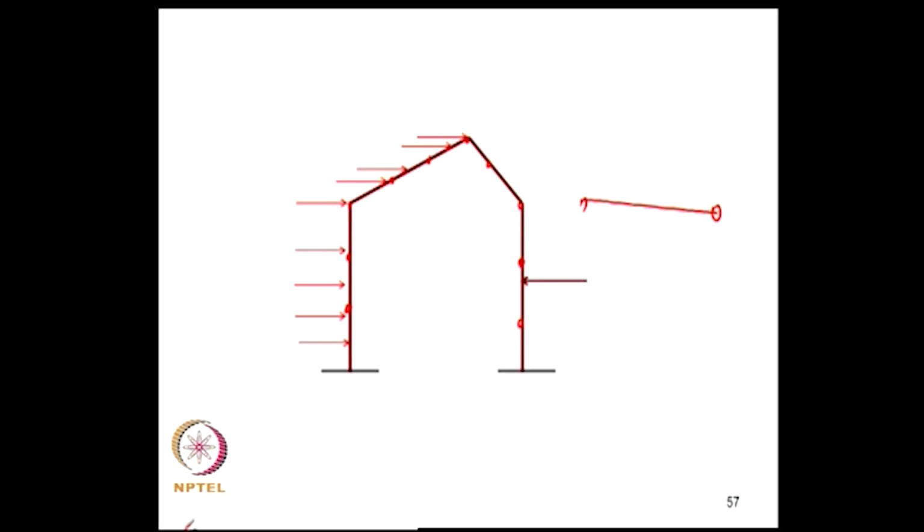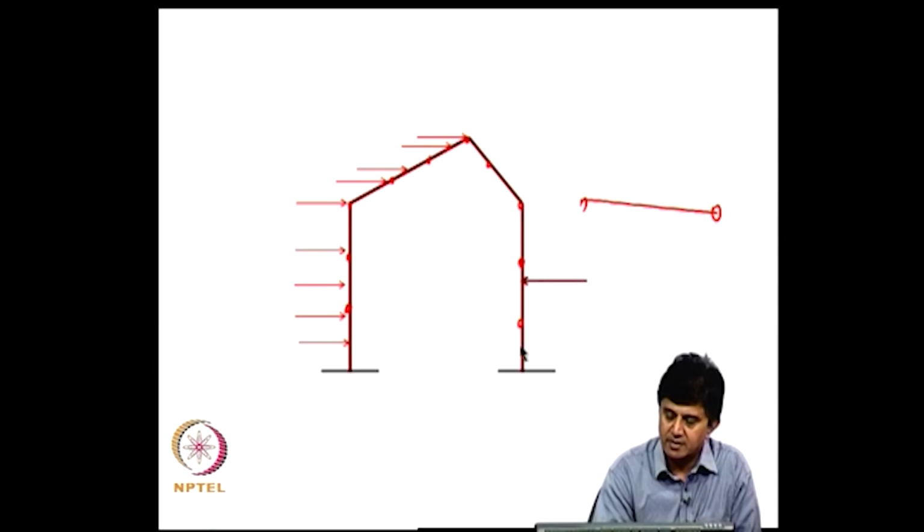So, first thing we have to do is perform an elastic stress analysis and find out the axial thrust in the structure. So, the first step would be to not include geometric stiffness and analyze this problem. You will find the initial stress, that is what we have to first determine.